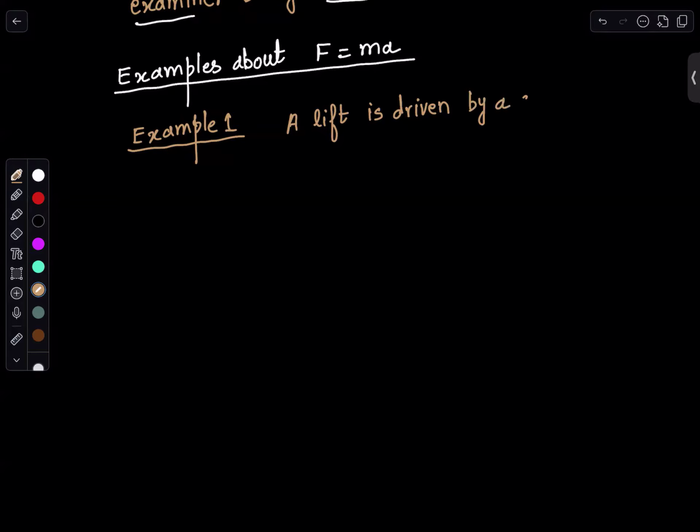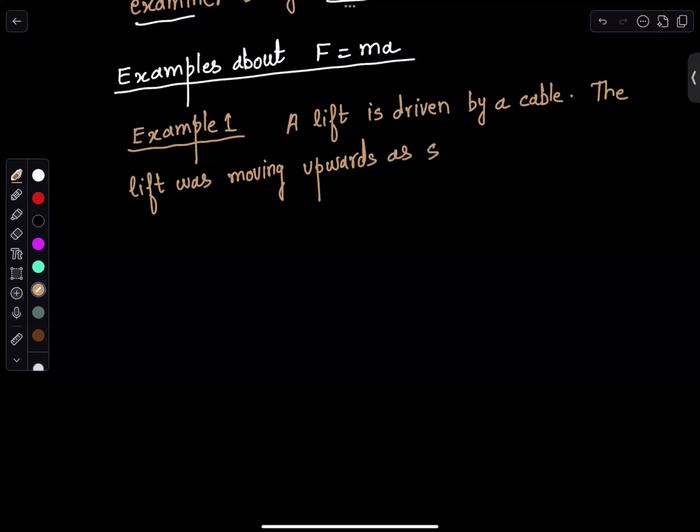Acha, a lift is driven by a cable. The lift was moving upwards as shown. At one point of time, the lift was moving upwards and they have shown it.